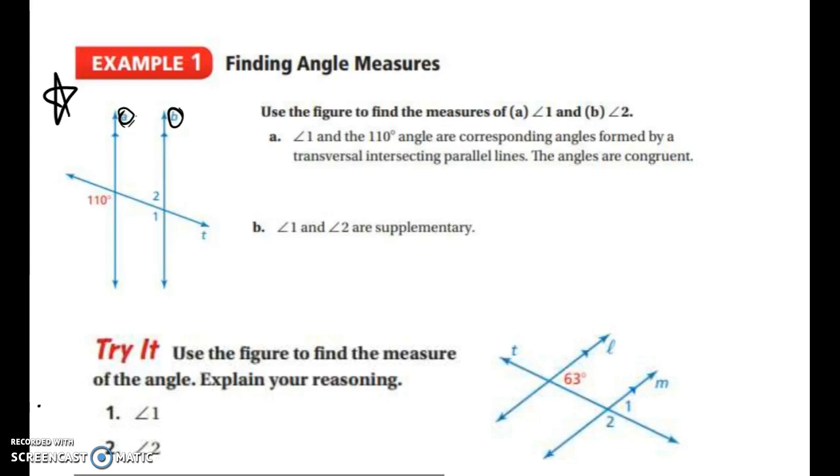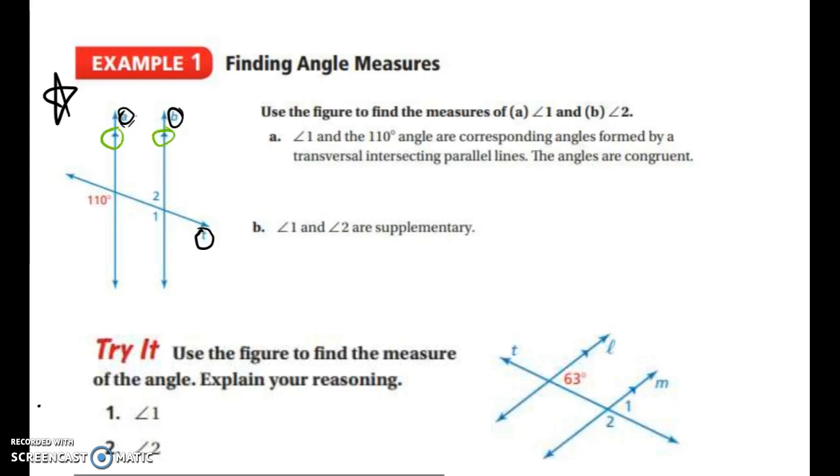We have a vertical line named A and a vertical line named B. This T is the name of the transversal, the line that is cutting through both of them.